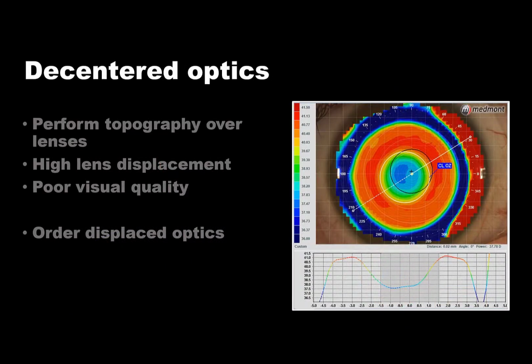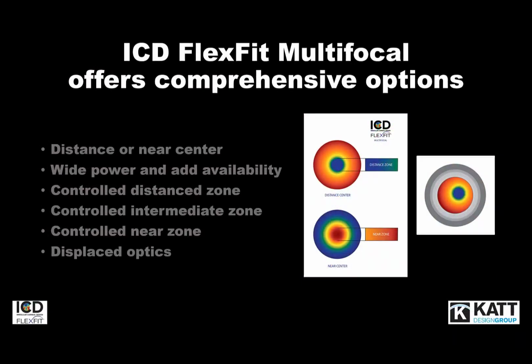If the patient is struggling with distance, intermediate, or near vision, where possible, perform topography over the lenses. This may provide insight that displaced multifocal optics in the ICD lens could improve the patient outcome. The ICD FlexFit Multifocal offers you a comprehensive set of options to approach your presbyopic patients.